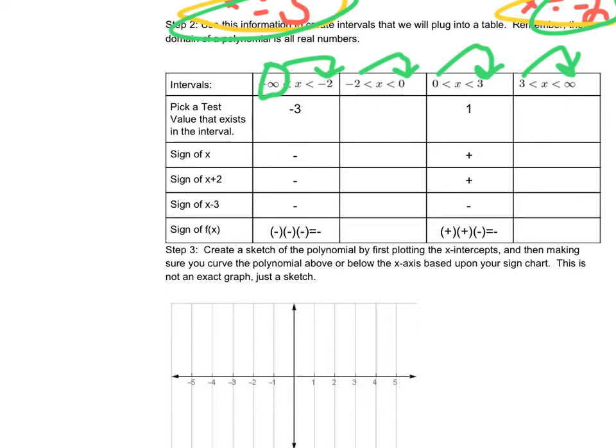If I plug it into x minus 3, that's negative 6. That's negative. Remember, factors are multiplied together. So I have a negative times a negative, which is a positive, times another negative, which is a negative. Since the entire sign there is negative, I know that my graph has to be below the x-axis in that interval. So I need to fill out the rest of this table, and then I'll be able to sketch my picture.